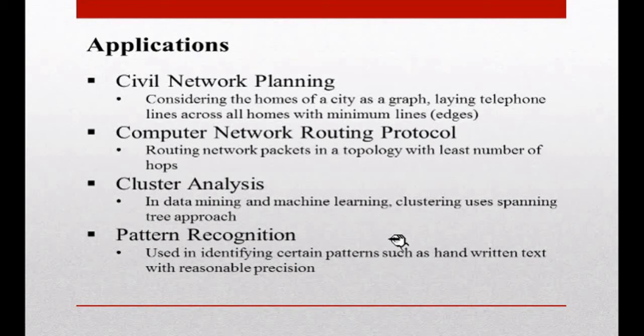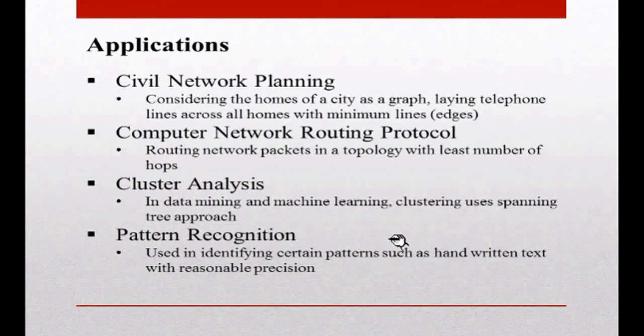Then we have clustering. This is a very popular technique in data mining and machine learning, also known as unsupervised learning. To classify things we use spanning trees, though we don't have to go into the details of cluster analysis. This is an example that clustering uses the spanning tree approach.